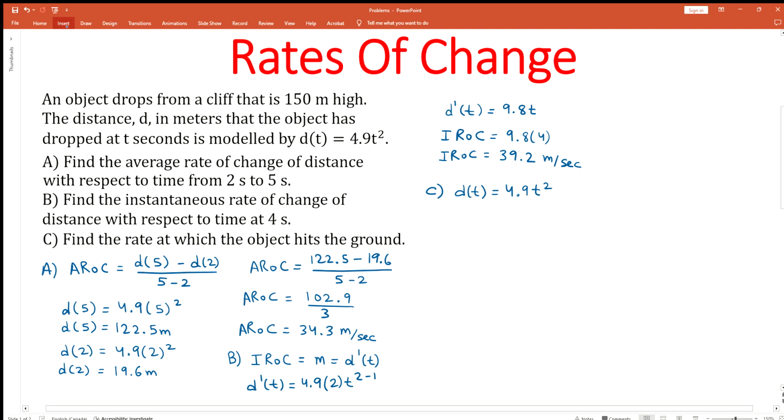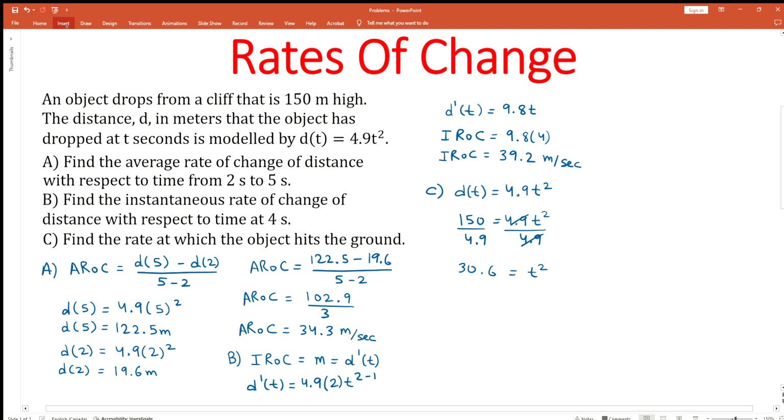So we should sub in d(t) as 150 and solve for t. We should divide both sides by 4.9. 150 divided by 4.9 is equal to 30.6, rounded to one decimal place.